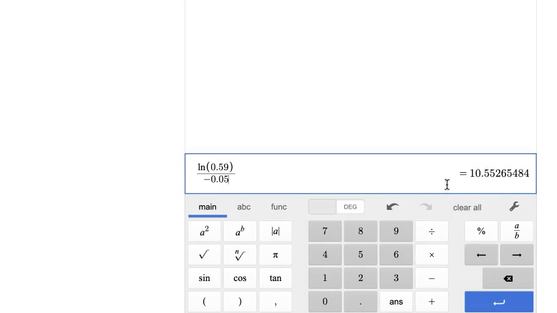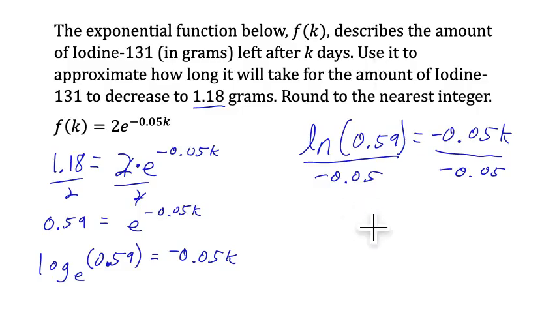All right, and the question asked us to round to the nearest integer. So that would be 11, because that 5 in the tenths place means we need to round that 0 up to a 1. All right, so we just figured out that there will be 1.18 grams of iodine left after about 11 days.